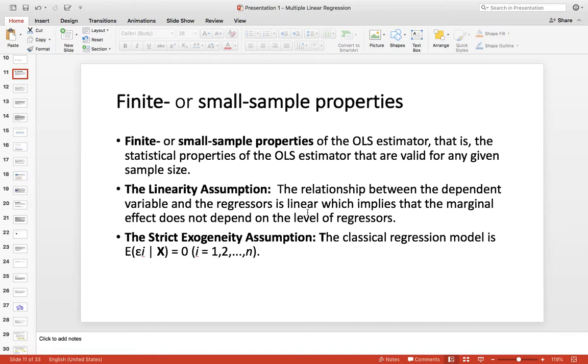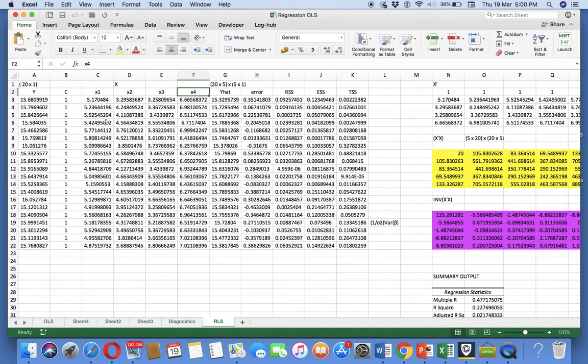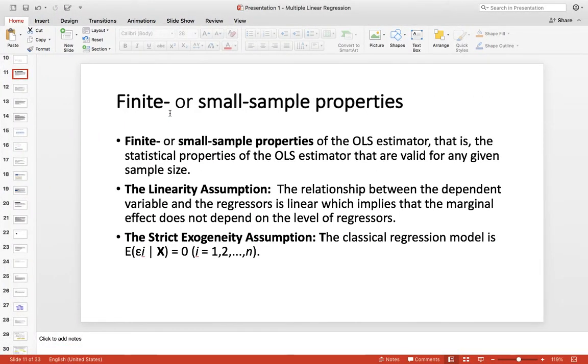That means the relationship between x and y is the same at any level of x. And there's a concept called strict exogeneity, which means that independent variables are strictly independent, that this variable does not depend on anything else. Y depends on x1, x2, x3, x4, but x1 does not depend on anything else. The implication is x1 will not have any error. So it is considered to be deterministic, and that's what you mean by strict exogeneity.